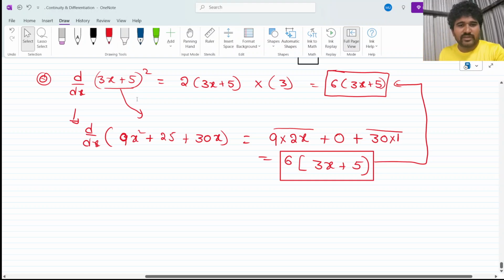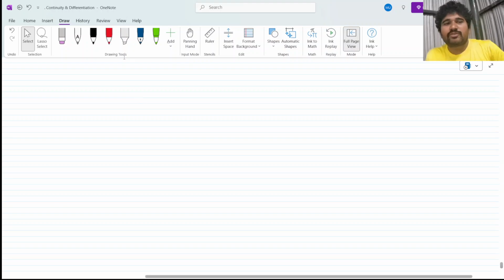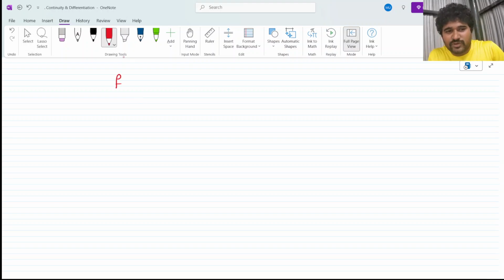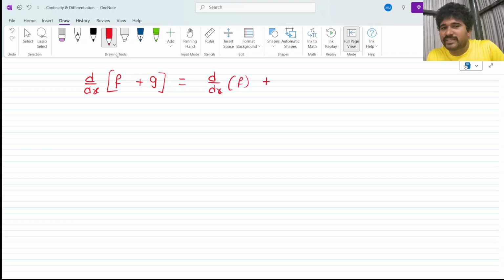Now observe, I want to tell you some property. What is the property? One function is there, let it be f. Another function g. You observe that these two functions are added up. When I ask you to do differentiation, what you have to do is differentiate the first function plus differentiate the second function.